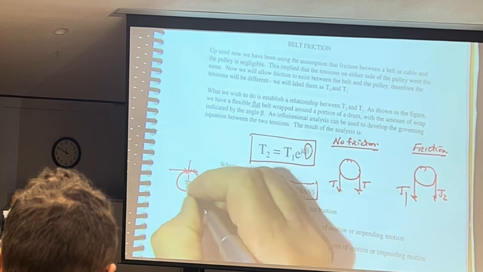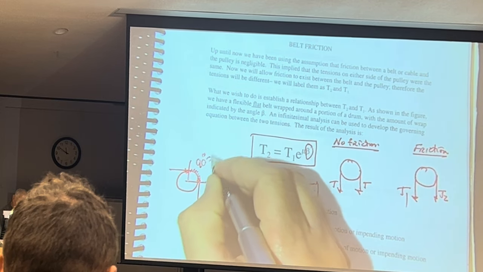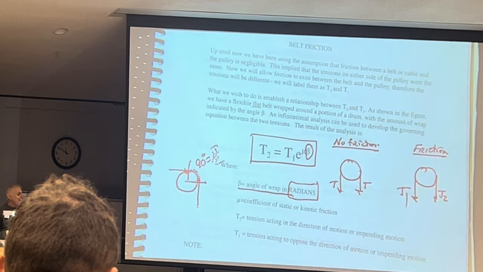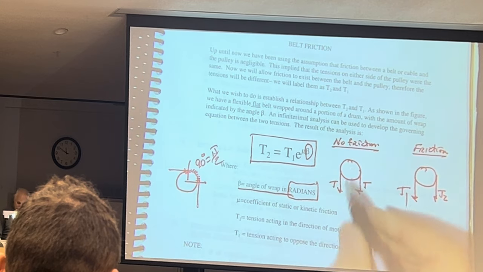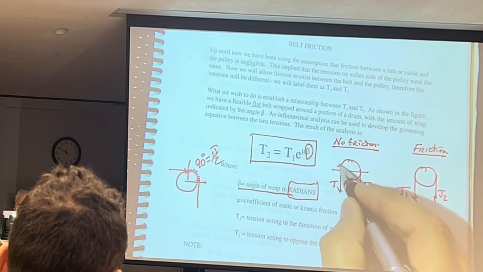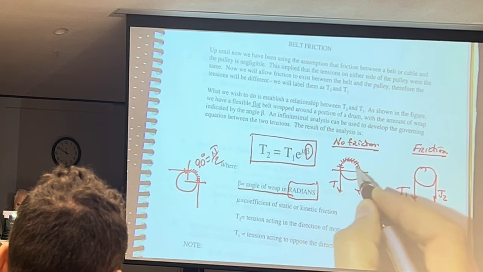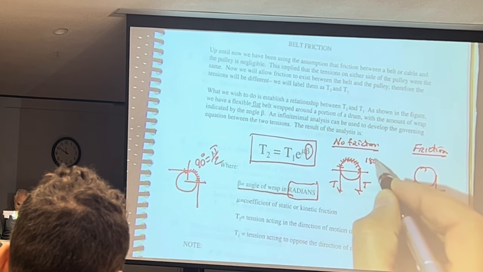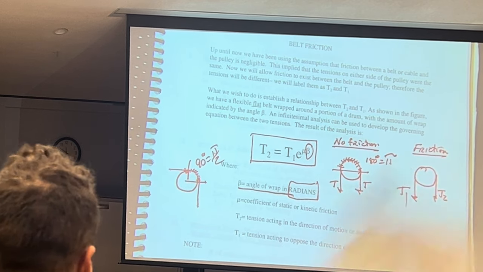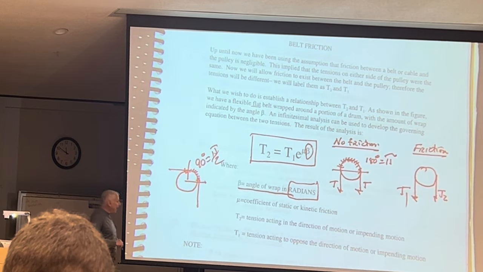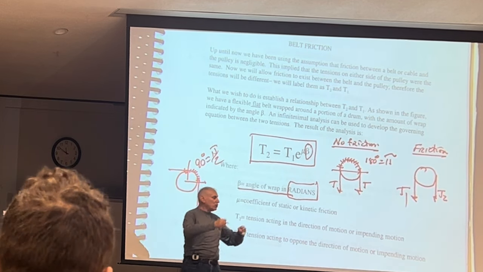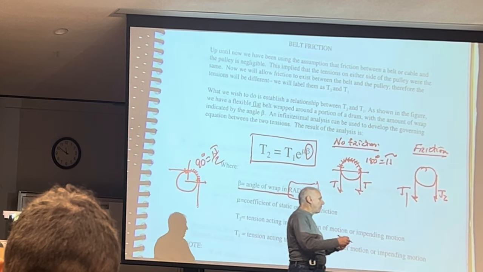This is in essence 90 degrees or pi over 2. That's the angle of wrap. If I'm looking over here, this much cable wrapped around the pulley is 180 degrees or just simply pi. So the angle of wrap is how much of the cable is touching the pulley.